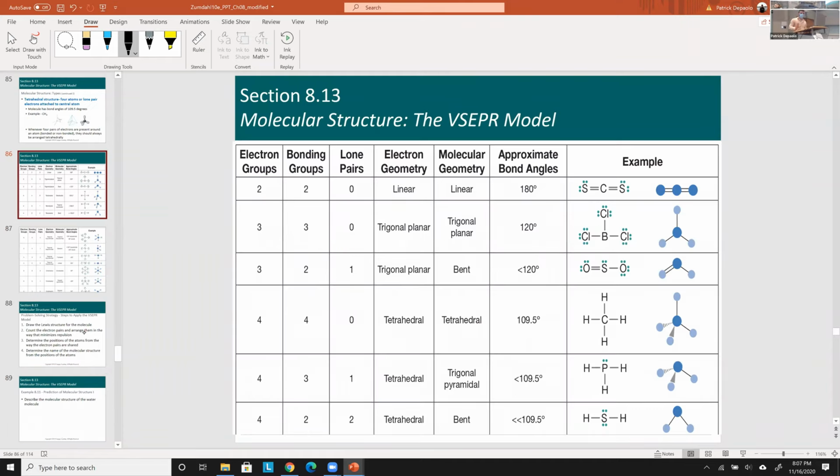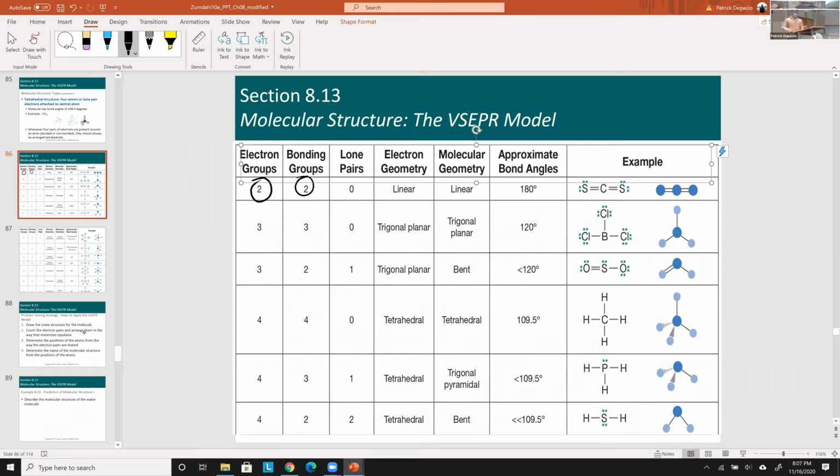Moving on, there are many different names, but they follow a pattern and are not too hard to remember, especially with the extra credit and the homework that I'm going to give you. So the first one is linear. If you have an atom that has 2 electron groups that are both bonding to an atom, they form a linear pair, for example CO2, BeCl2, CS2, where you have no lone pairs on the central atom and you just have 2 bonded things.